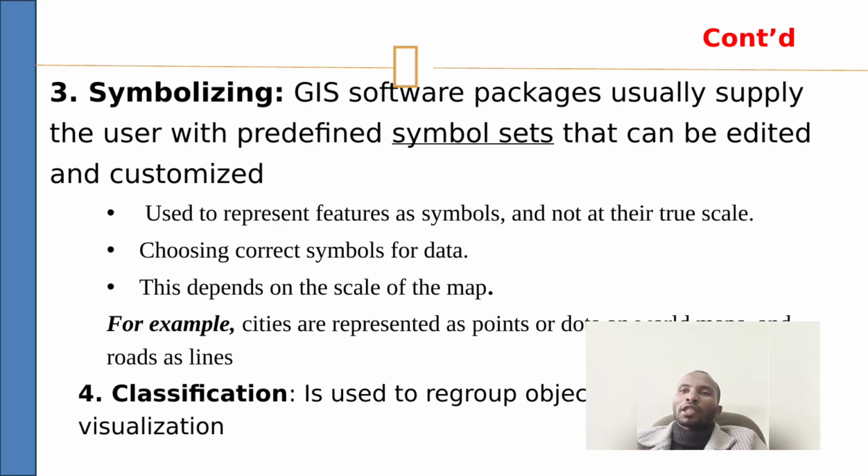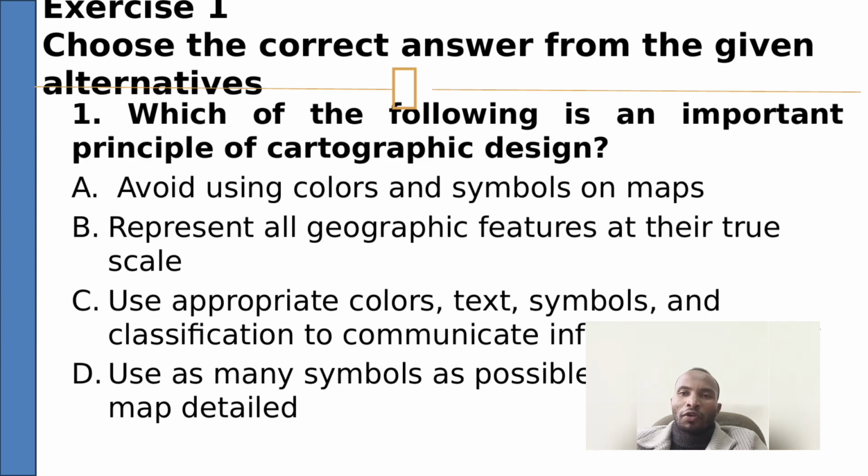It is used to represent features as a symbol, not at their true scale. We can symbolize features by choosing the appropriate symbols for the data. This depends on the scale of the map. For instance, cities are represented as points or dots on world maps, and roads as lines.